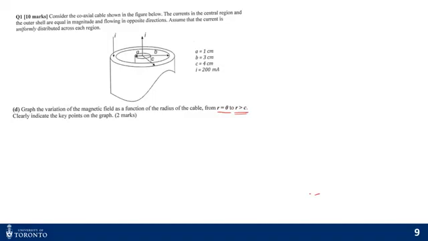If I draw it, let's say I have to draw the graphical representation. I draw the two axes. Now remember to put in the correct units.